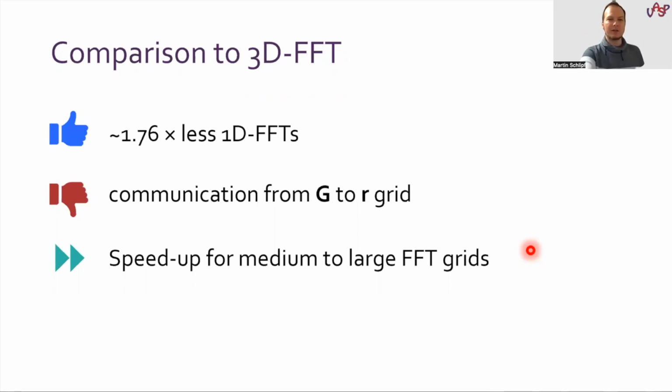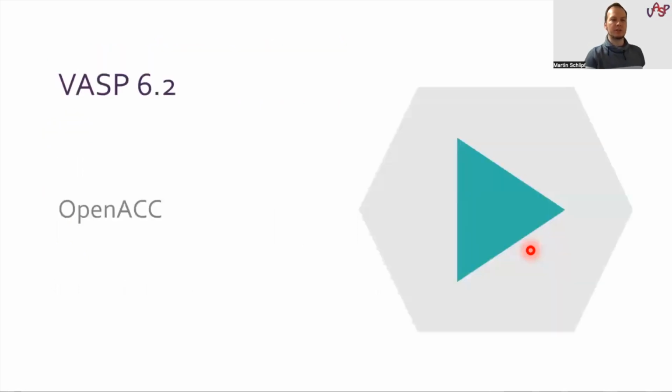So let me now move on to a new parallelization method that became more relevant in recent years, which is using GPUs. In VASP 6.2, we introduced a new feature, which is the OpenACC port of VASP. We had a previous VASP GPU port based on CUDA, which is now deprecated.